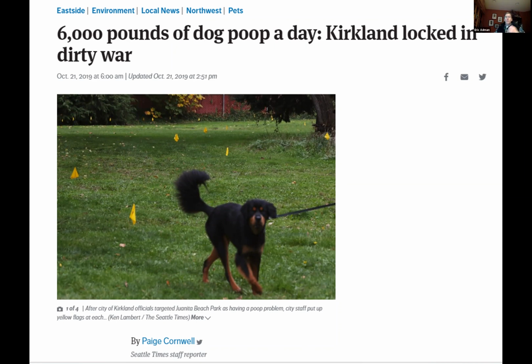This is where Kirkland initiated a campaign to highlight the amount of dog waste that was being left behind in their parks. In this campaign, they got people to go out and essentially put little flags marking all the unpicked up dog waste, and then communicate with people about the importance of picking up dog waste. The goal with this campaign was to get people to pick up their dog poop.